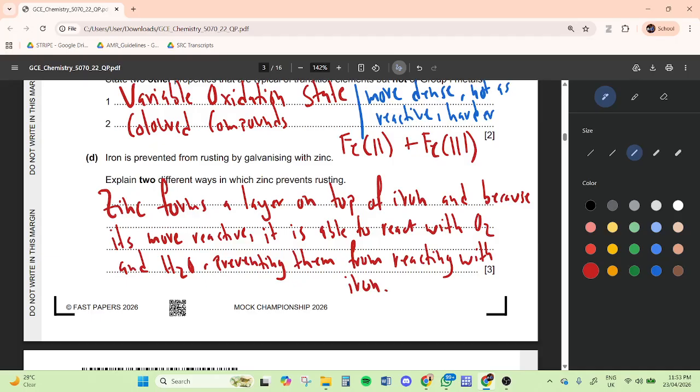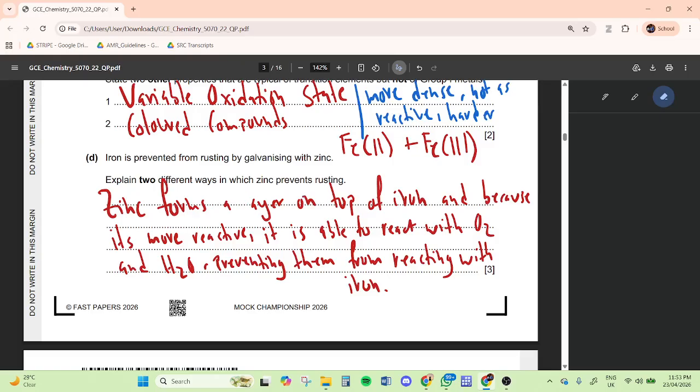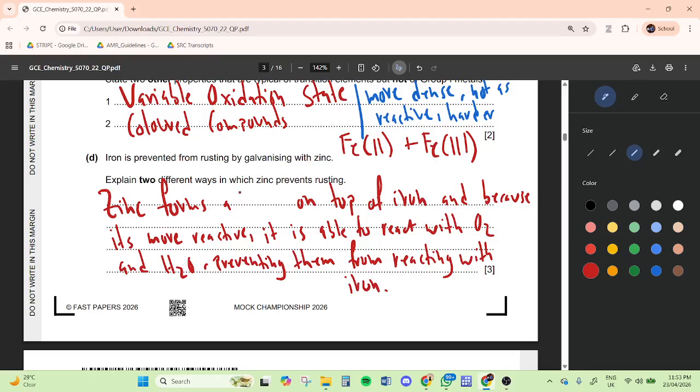So the main points that you have to mention is that zinc forms a barrier, or maybe instead of layer, we should write barrier. I feel like barrier is a better word. So barrier on top of iron, and because it's more reactive, it prevents oxygen and water from reacting with iron. And you can also mention that zinc corrodes in preference to iron, but not totally necessary.